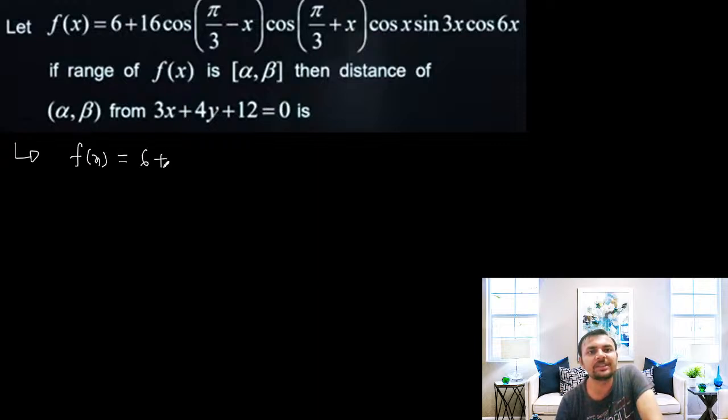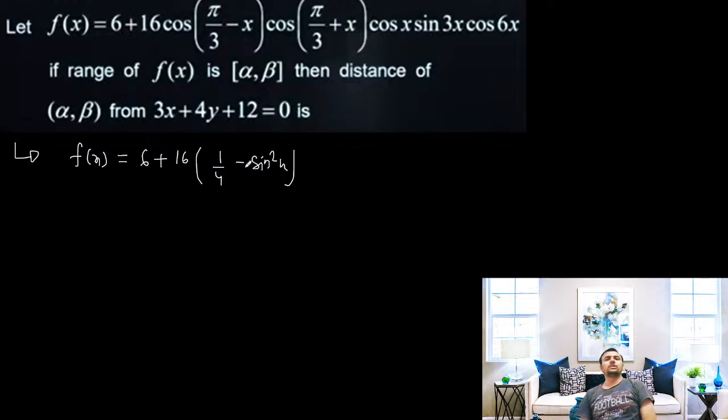So this is 6 plus 16 cos square a, which is 1 by 4, minus sin square b, minus 1 by 2, 3 by 4. Yes. Okay, so this is correct.